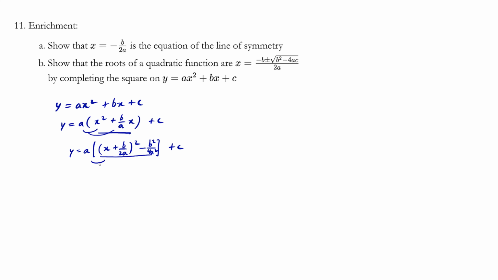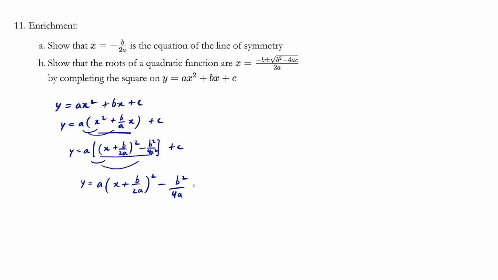And now let's feed the dog and let's feed the cat. Distribution. So we have a times x plus b over 2a all squared. And when you go this times this, you have a negative answer, and you have a times b squared over 4a squared. And notice how one of these a's cancels. So when you divide the top by a, it disappears, and when you divide the bottom by a, the square simply disappears, and you just have a there.